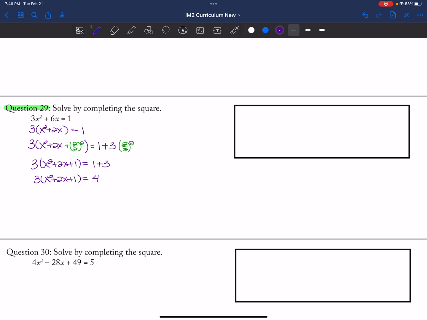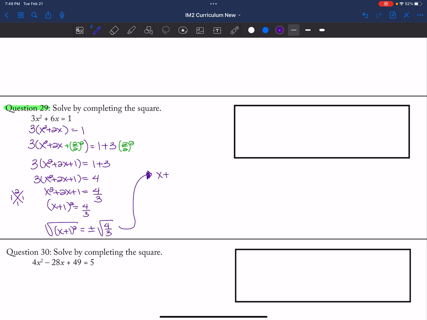Divide both sides by 3, so I'm left with x squared plus 2x plus 1 is equal to 4 over 3. So now again, two numbers that multiply to give me 1 that add to give me 2 are 1 and 1. So this is x plus 1, the quantity squared, is equal to 4/3. Now I'm going to square root both sides. Plus or minus the square root of 4/3. And just like I just did the other one, my square root of 4/3 can be separated.